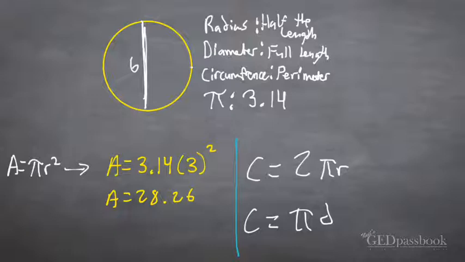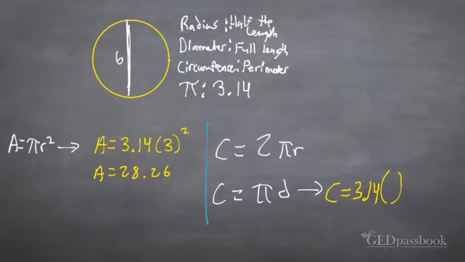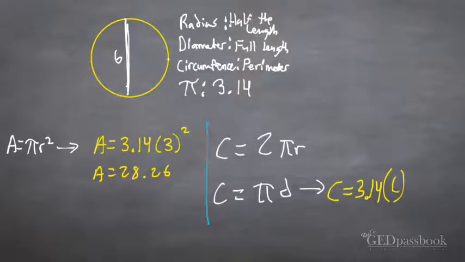So chances are you're going to want to use the second formula, which has pi d. D stands for diameter. And all you need to do is C equals 3.14 times D, which is the 6. All you have to do is that, 3.14 times 6.